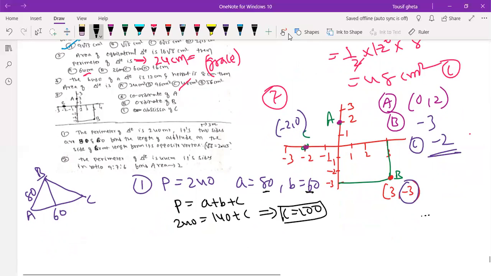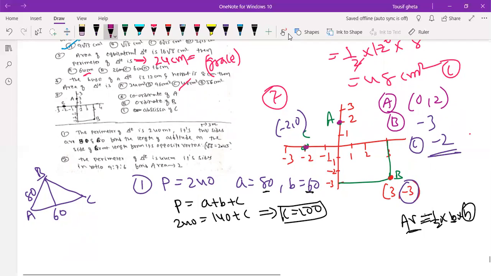If I know the area of the triangle is equal to half into base into height, then to find the height I must know the area and the base. The base is 60. I should know the area now. So I will find the area by using Heron's formula.